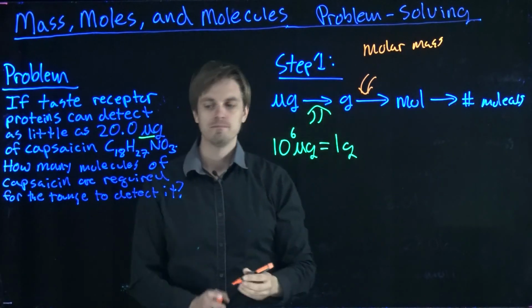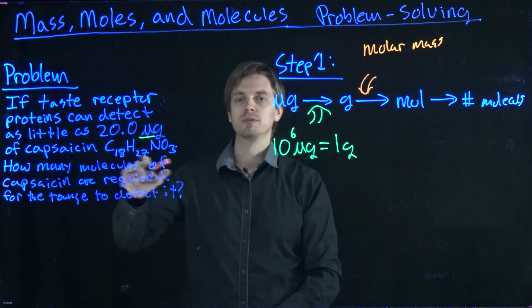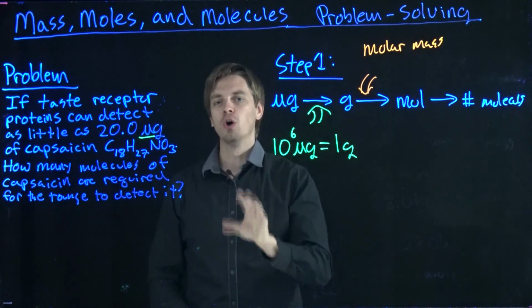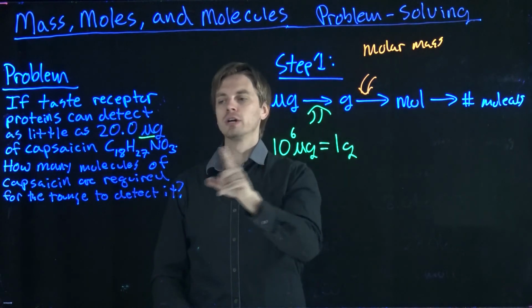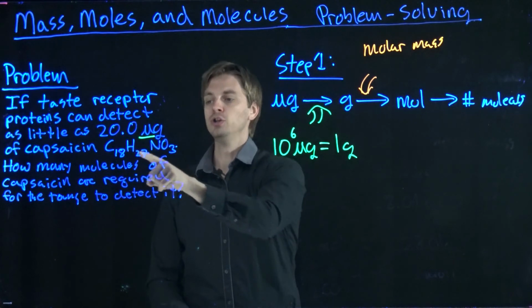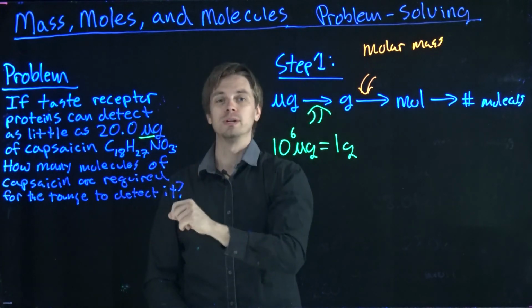Now remember, capsaicin is a relatively large molecule, but we're going to use the same approach we did previously, going back to the periodic table, looking at the molar mass of carbon, multiplying by 18, adding to that the molar mass of hydrogen multiplied by 27, and so on.